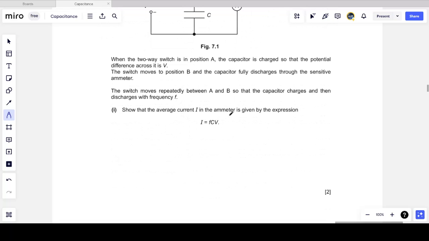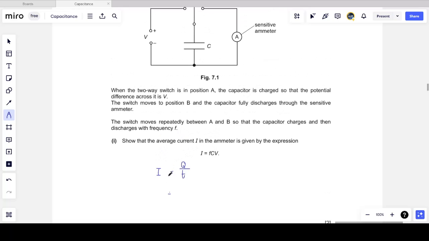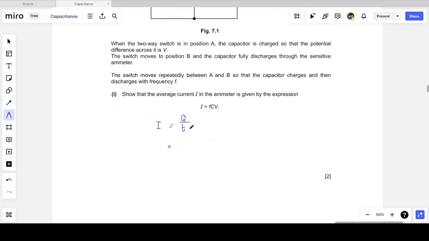So the current in the ammeter, I, is going to be the charge that passes through the ammeter divided by the time. Now the charge that flows through the ammeter is the charge that's being stored on the plates of the capacitor. But remember that capacitance is charge per unit potential, which means that charge is capacitance times potential difference in this case.